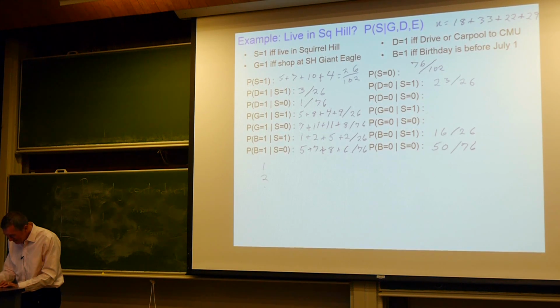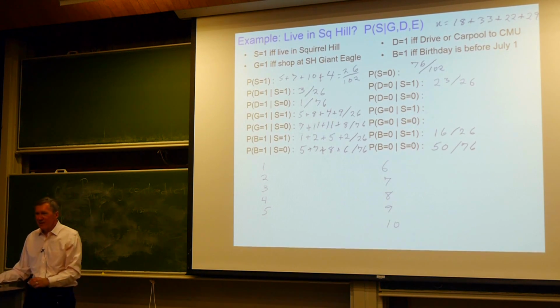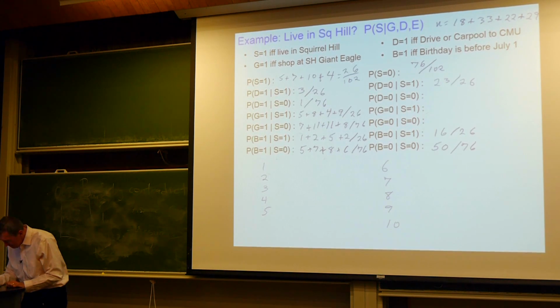Okay. Can you read me out the probability that they live in Squirrel Hill for each of them? The probability that they do live in Squirrel Hill.